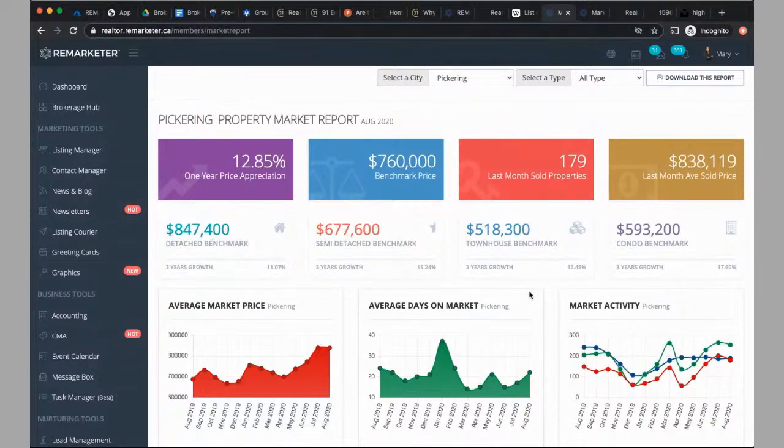Now, where does the average sold price come into play? I usually look at it this way. I look at the average price, and I also look at the benchmark price. The first thing I see when I'm looking around different neighborhoods is that the bigger the gap between these two usually indicates that the market is hotter or is changing, right?